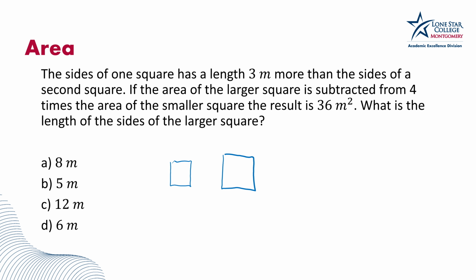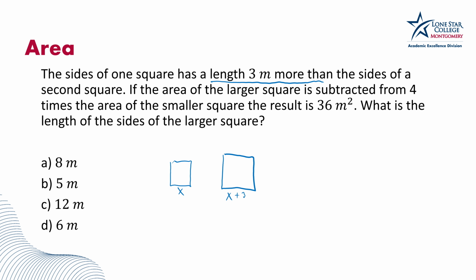We don't know the sides of either square, but we know one has a length 3 meters more than the other. So if the smaller square has a side x, the larger square has to be 3 more than that, so x plus 3.